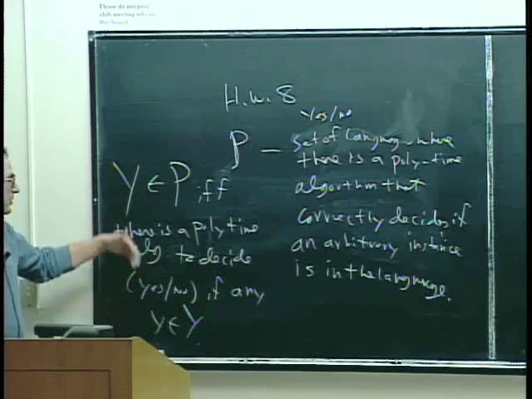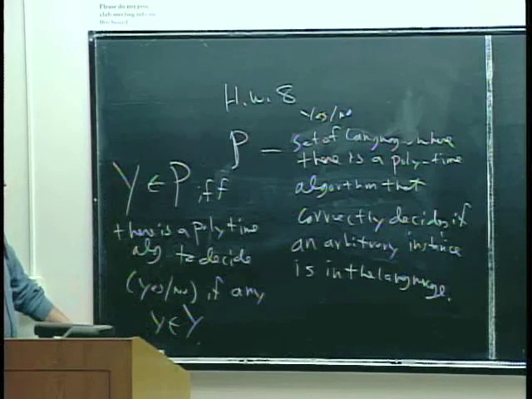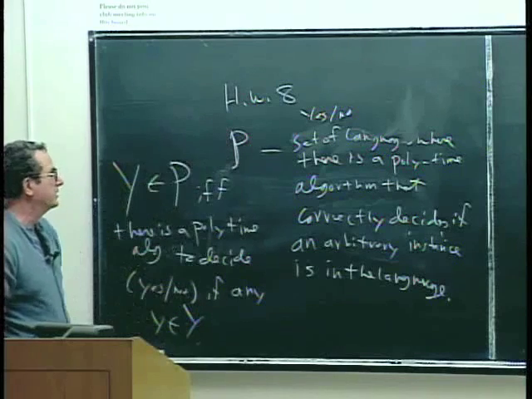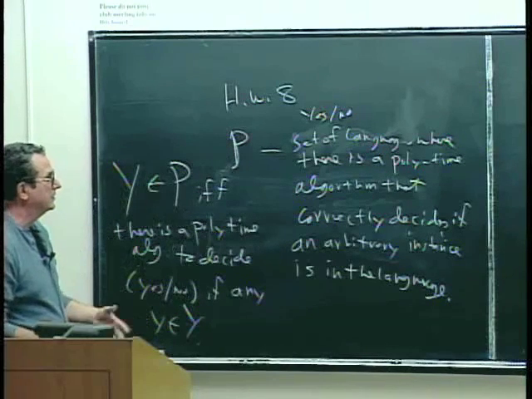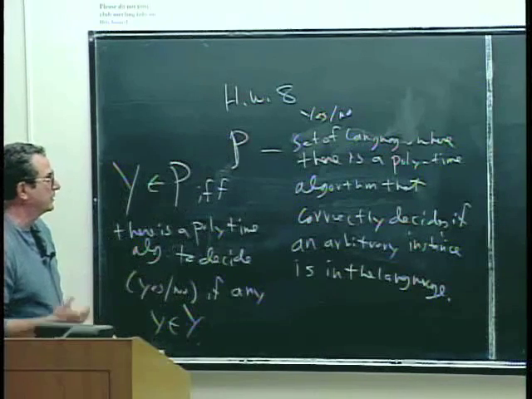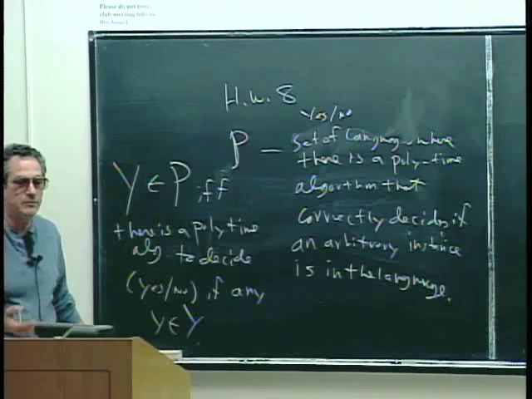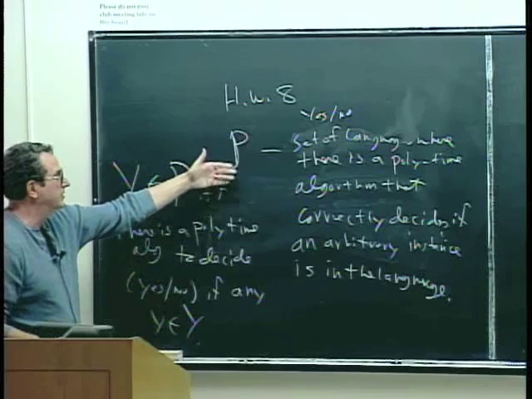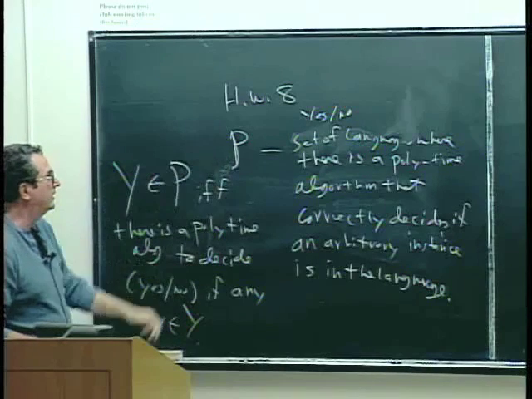So again, in an ornate way, we just said that script P is the set of all problems, if you want to think about problems, where there exists a polynomial time algorithm that can solve the problem, and it's a decision problem, so it gives yes or no. But now we've translated this into this language of languages.